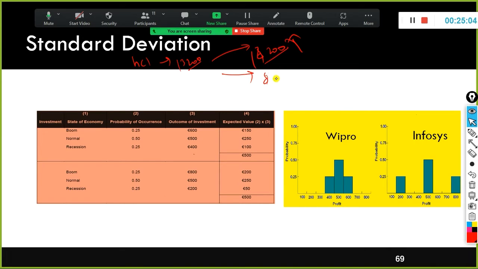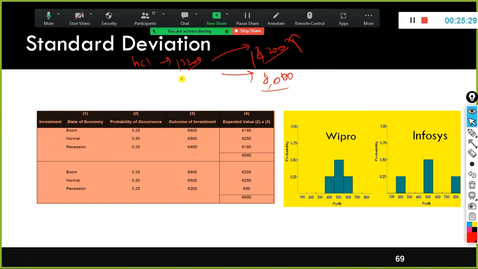Let's say a COVID situation or something like that. Due to some sudden economic downturn, the price has gone down, or the company is not doing well, or the company chairman or CEO got changed. In that case the price went down. The risk is very high here, right? It's almost 50%, so you are going to lose 50%.